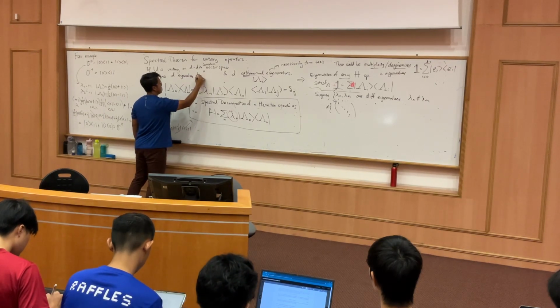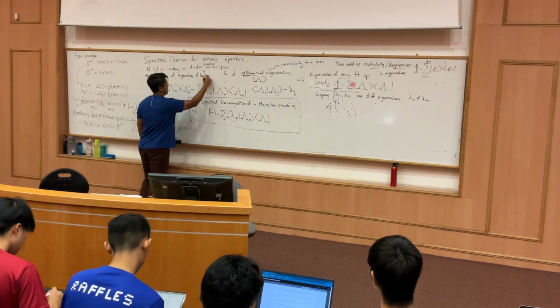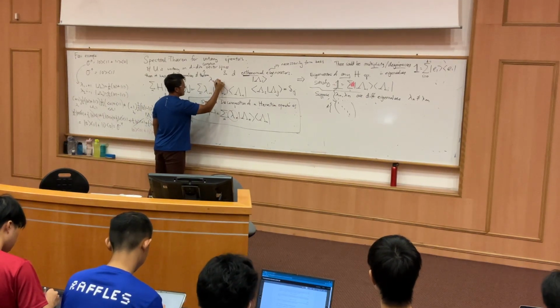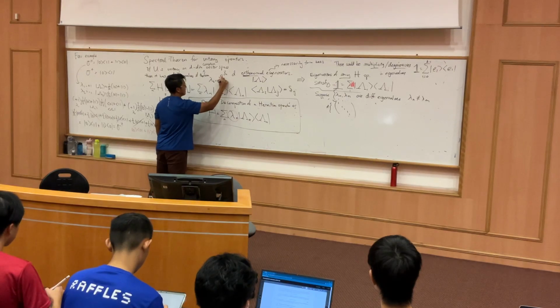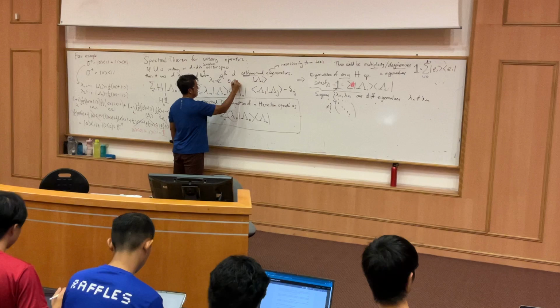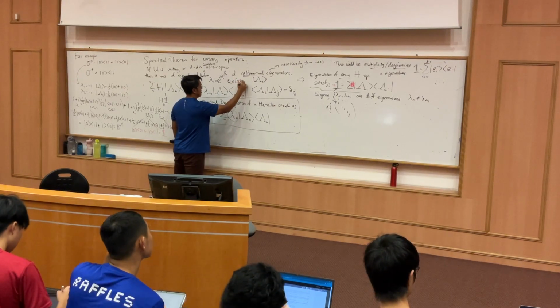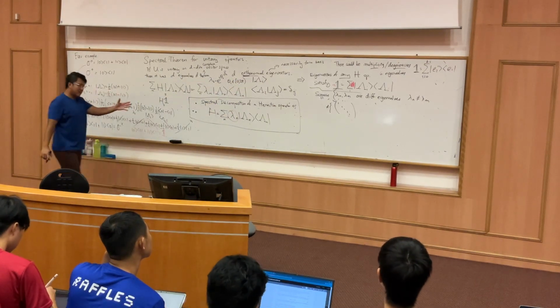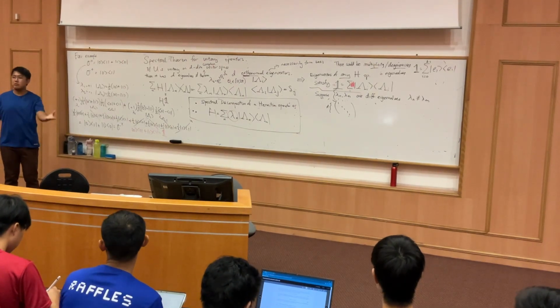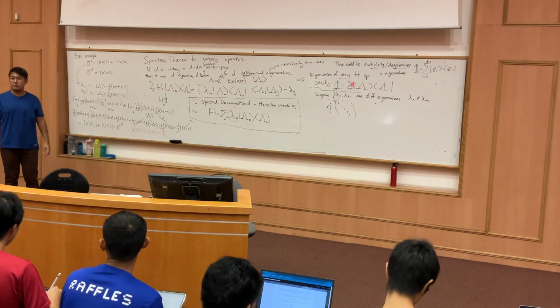of the form lambda i equals e to the power of i theta i, where theta i is in 0 to pi. That means to say that it is just a complex number with unit modulus, with modulus 1.